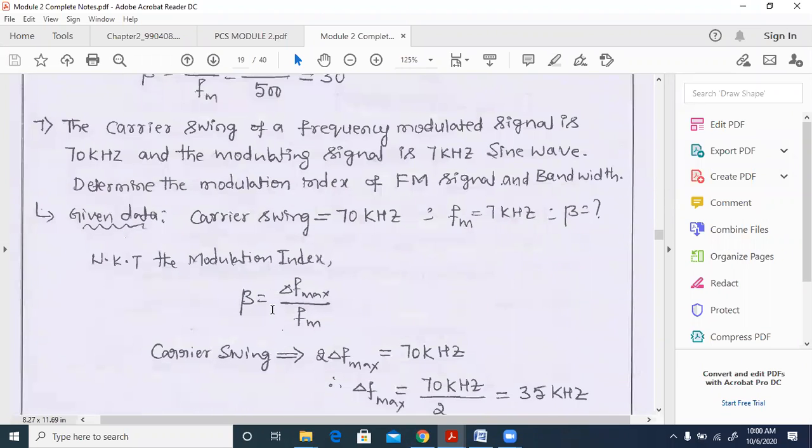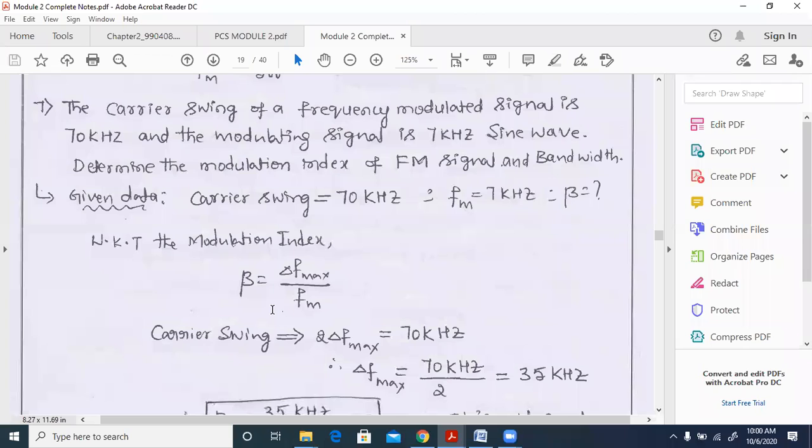Now let us go to the 7th problem. The carrier swing of the frequency modulated signal is 70 kilohertz and the modulating signal is 7 kilohertz sine wave. So carrier swing is 70, Fm is 7 kilohertz.